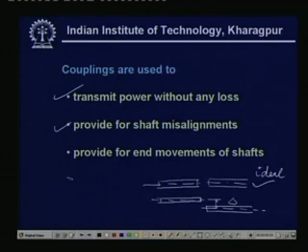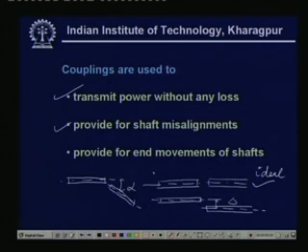There may be another kind of misalignment, where one shaft is there and the other shaft is skewed a little bit by an angle alpha.